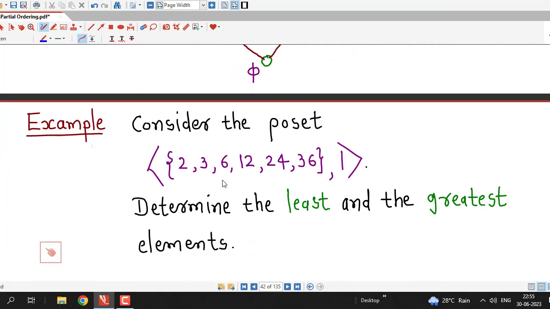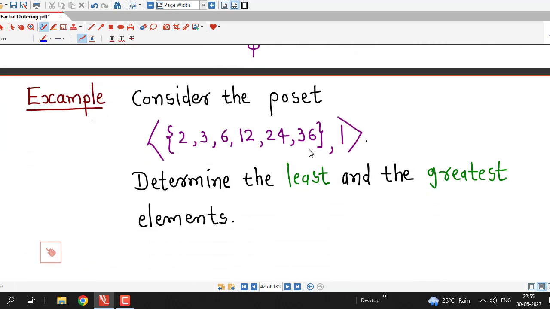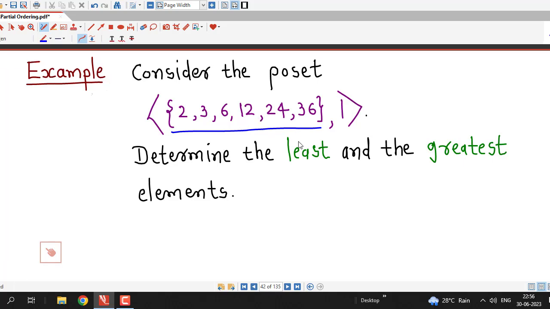We consider another example. Here I have taken the divisibility relation on the set having these elements 2, 3, 6, 12, 24 and 36, and we have to decide the least and the greatest elements.